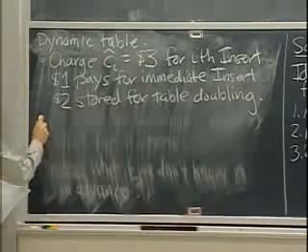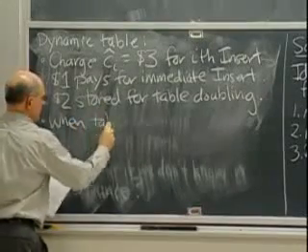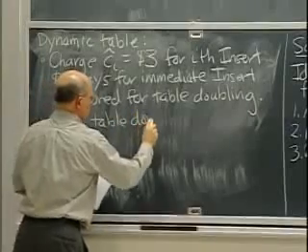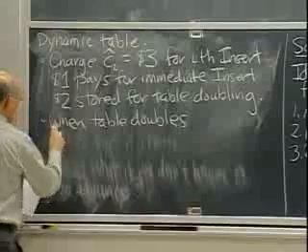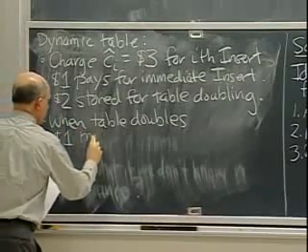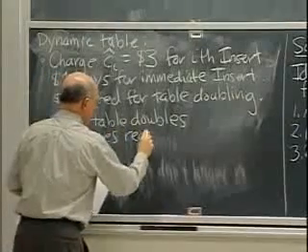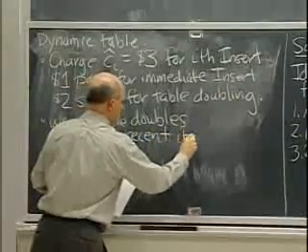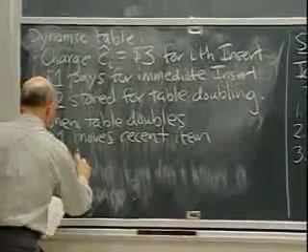When the table doubles, of the stored dollars, we'll use $1 to move a recent item, and $1 will move an old item.